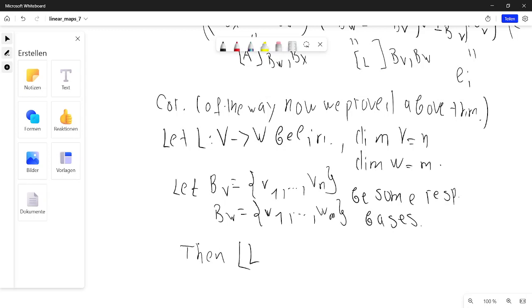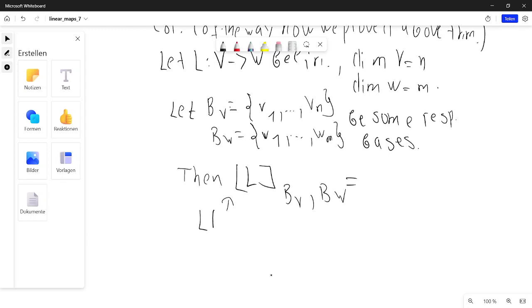Then the matrix representation of L with respect to the bases B_V, B_W is equal to, well, this map that maps from what? Well, this is a linear map, recall the space of linear maps, right? This matrix defines a linear map, and we can just identify the linear map defined by it with the matrix.